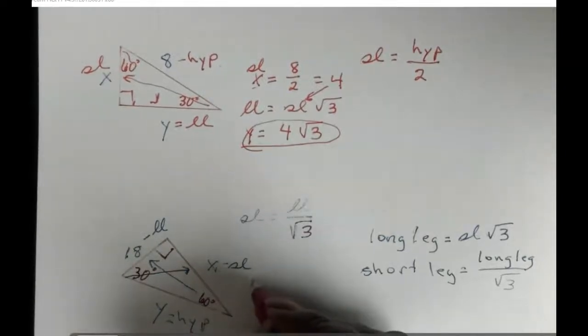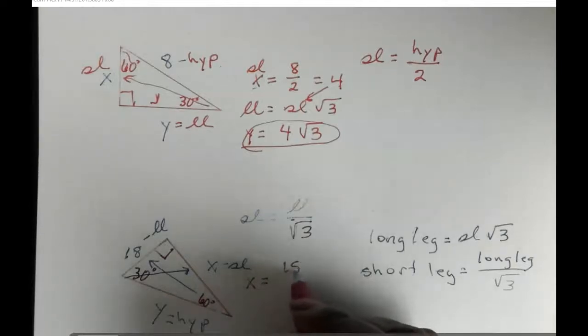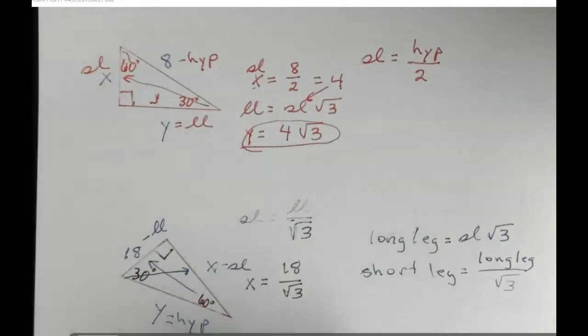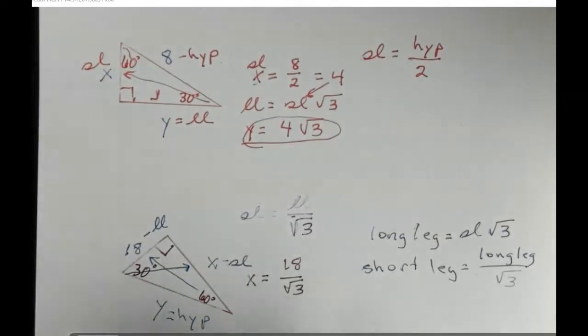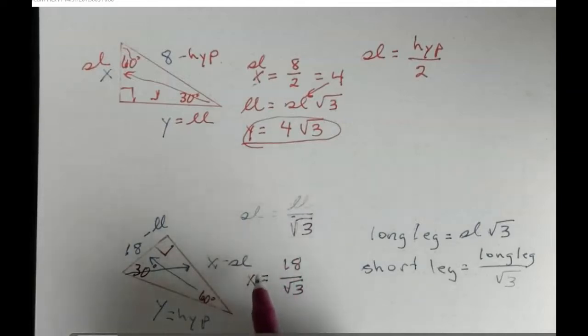Okay, now the short leg is x, the long leg is 18, and we divide that by the square root of 3. Now, if you can do that much of it, great. But the majority of you, I want you to be able to rationalize.